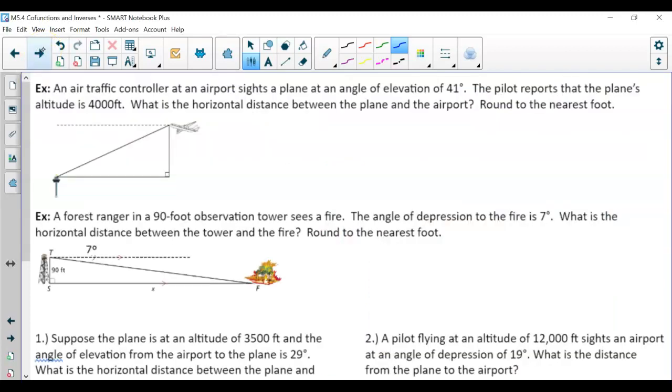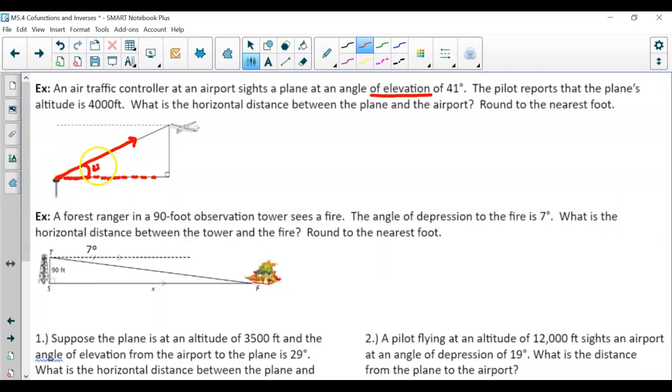So like example here, the air traffic control, the airport sights a plane at an angle of elevation of 41 degrees. So here's our tower, right? The controller. This is the line of sight from the controller looking up to the plane.